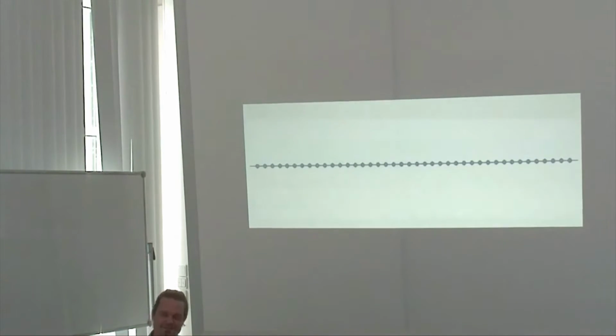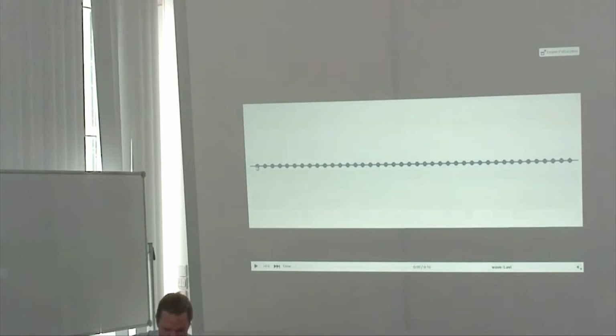It's a line. It's a string. Maybe it's a graph. It's the most boring wave. Yeah, it's a very, very boring wave, and it's a very boring graph. Look at this. There are vertices, right, and edges in between.